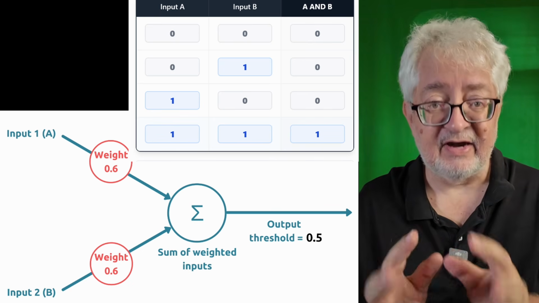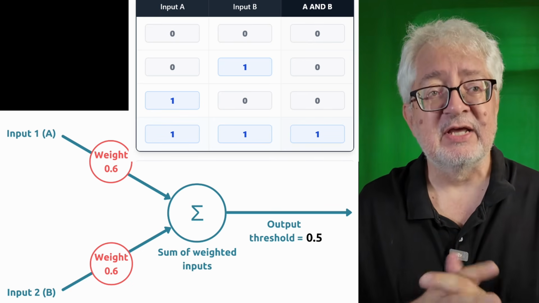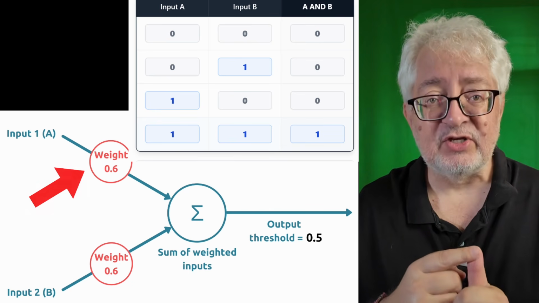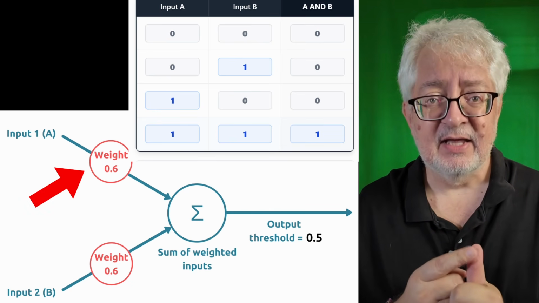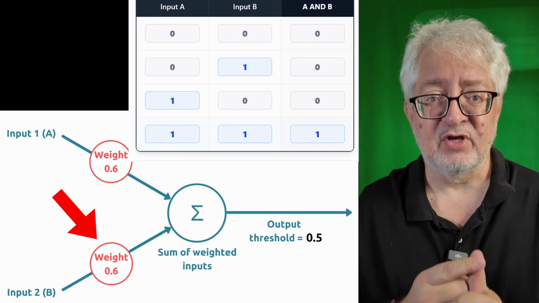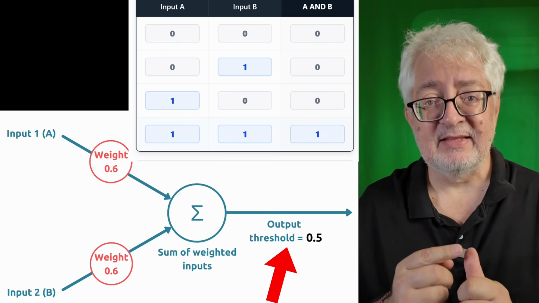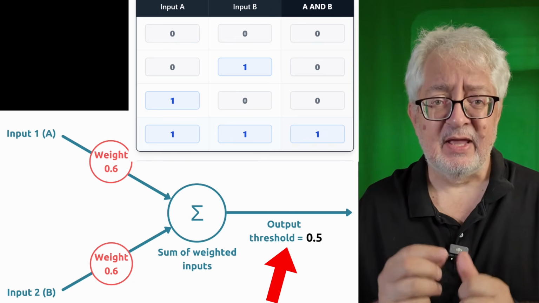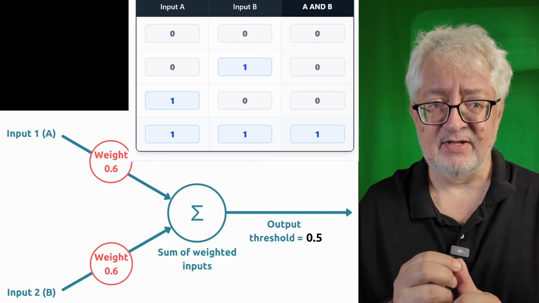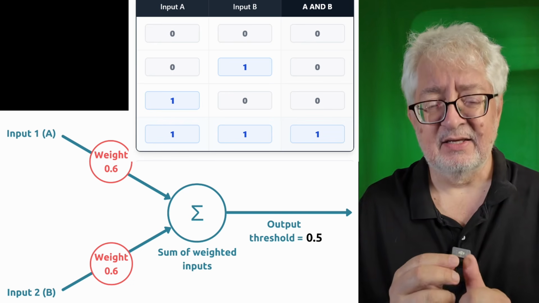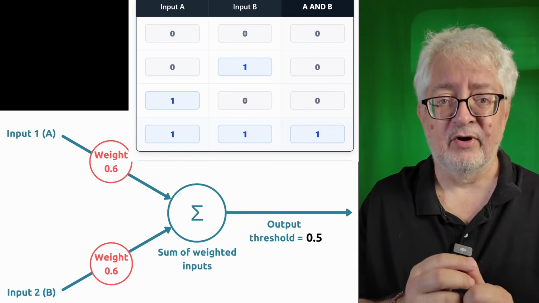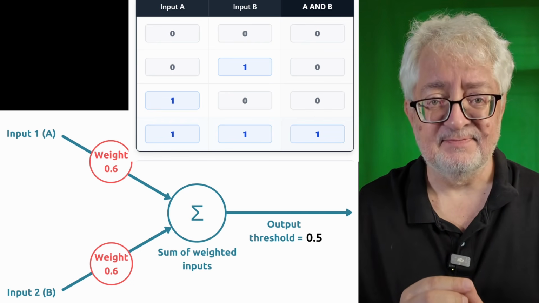But what you can change is how much your synaptic weights are, how much you multiply each input with, and how much your threshold is. And these are all the variables you have. By changing these variables, you can make your neuron perform like a logical AND.